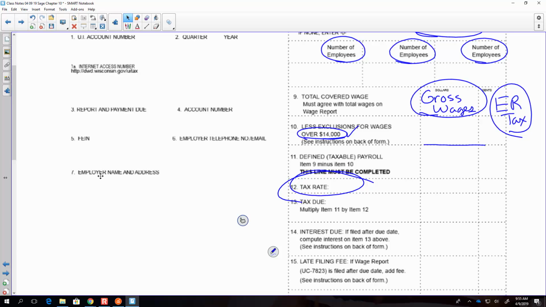So what GL account do we have to match here? What's the control account name? What would you call it? Wisconsin, what is this report? Unemployment. Taxes.